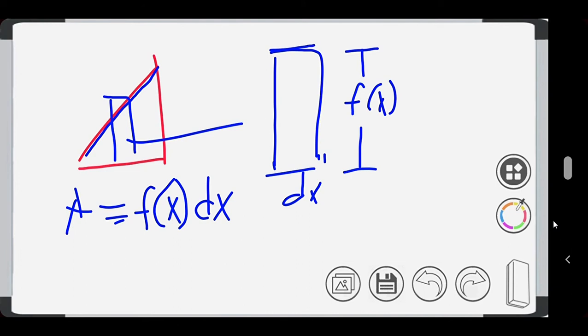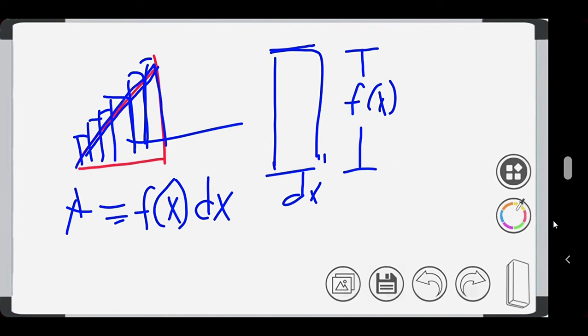Now, what if we create infinitely many rectangles, and we sum all of those infinitesimal rectangles up? Let's draw many. Assume that this infinitesimal rectangle fits the triangle. If we create infinitely many rectangles and we sum all of those infinitesimal rectangles, we can mathematically get the area of the whole region.